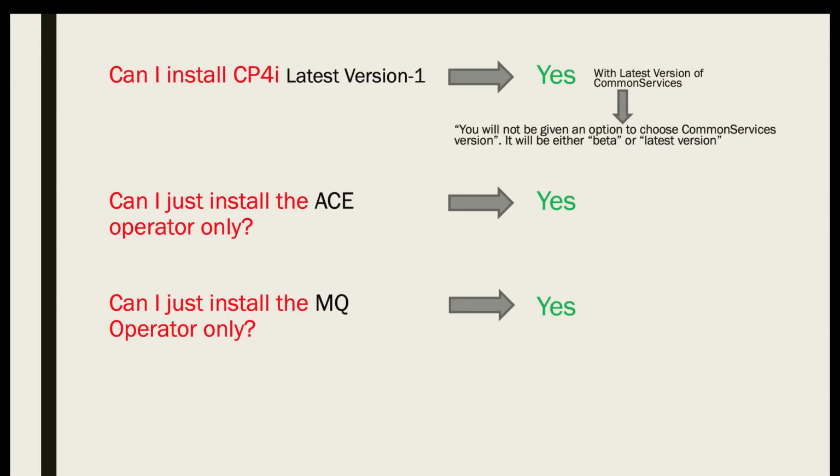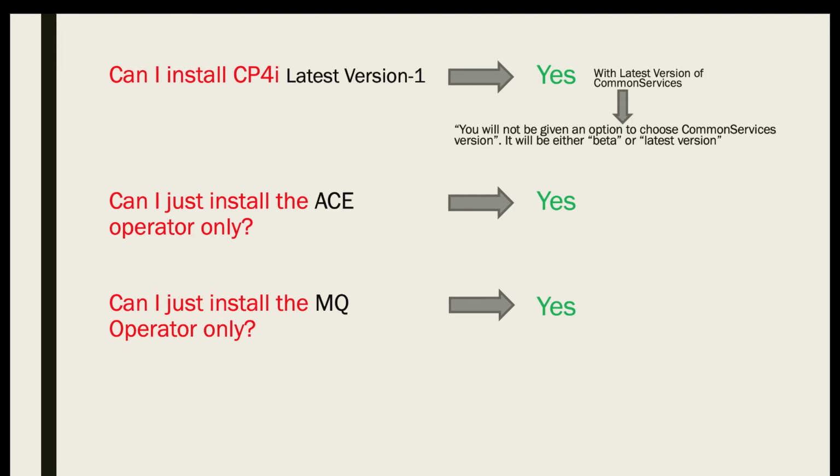The option provided to you during the installation of common services is either a beta or the latest version number. It could be v3 or v2. So you will not be given an option to choose the older version. We'll go into detail later.